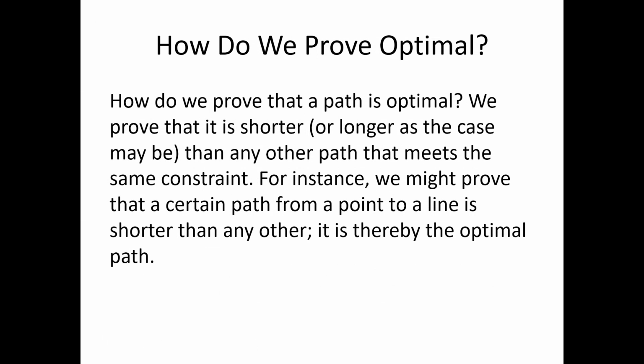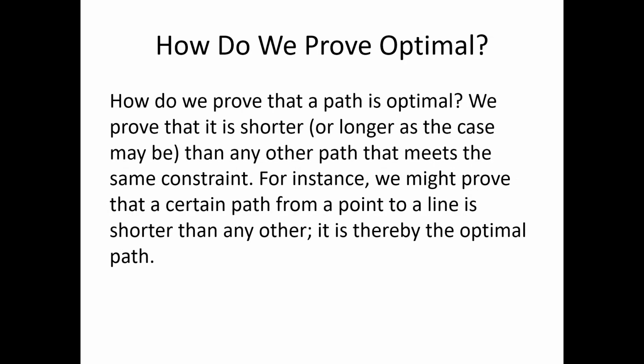So before we launch into the proofs of the results today, how does one in general prove that a certain path from a point to a point on a circle is the optimal one? Either it's the minimum or the maximum. We'll prove that we have a maximum. Well, we prove that it's shorter or longer, as the case may be, than any other that meets the same constraint, right?